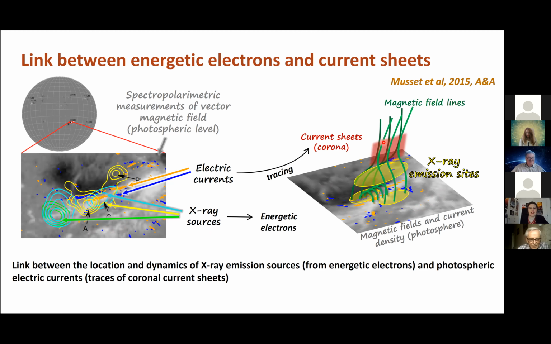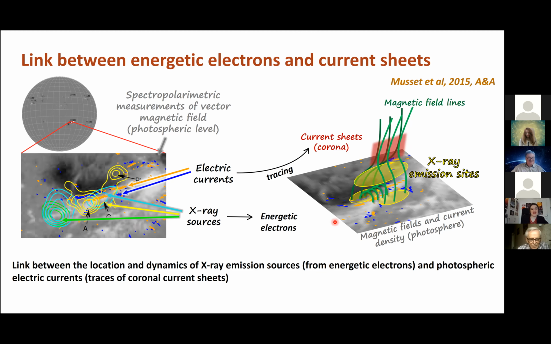We think that there are current sheets in the corona where we have the magnetic reconnection, and so we are comparing this with X-ray emission that can be emitted in the corona or in the footpoints.